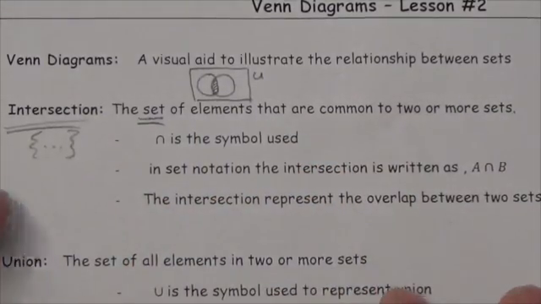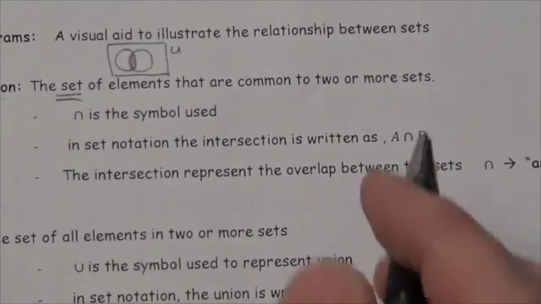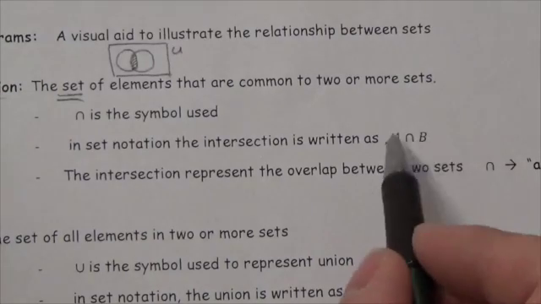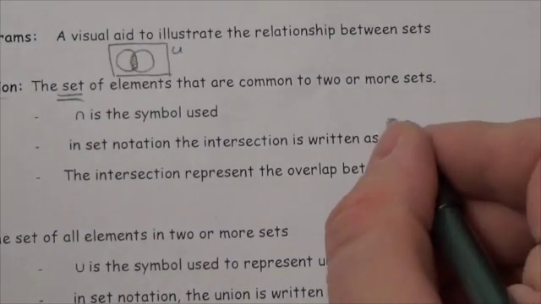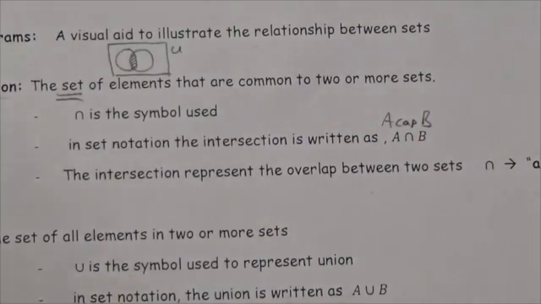And the way we would write that then is A intersect B. I've also heard it called A cap B. Okay, A cap B. And you'll see kind of why in just a second.